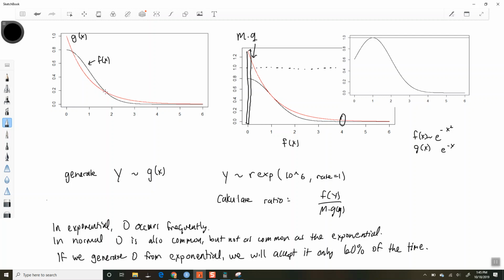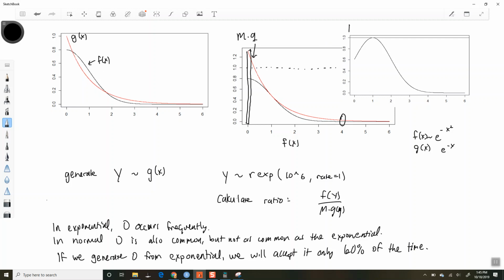And for values right here, like 1, relatively speaking, it occurs still frequently for the exponential, but it's more common in the normal distribution. And so anytime the exponential distribution generates a 1, you're going to accept every single one of them. Okay, and that's what this shows.